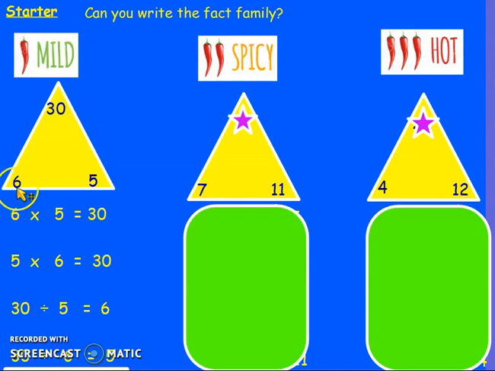All you needed to do to work out the fact family was follow the triangle to give you the multiplications and the divisions, remembering that the division fact starts with the biggest number.